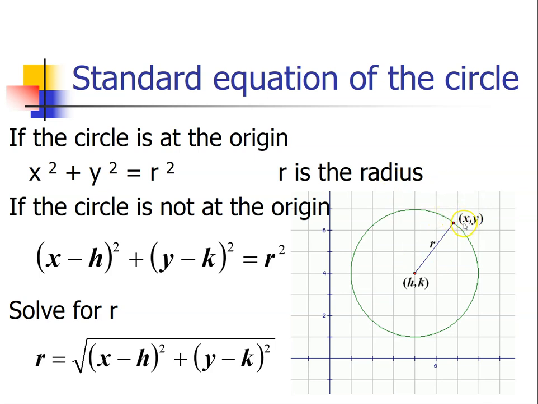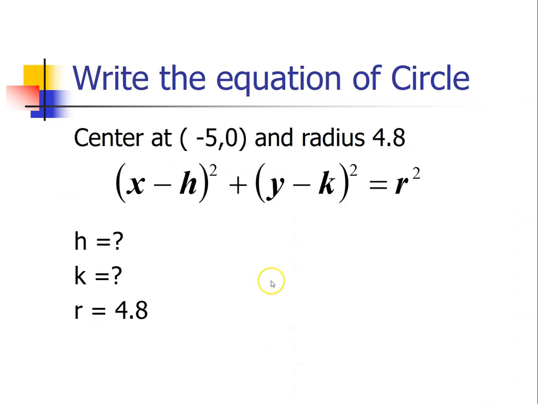Any point on the circle, any point from the center going to this point. Okay, let's try some examples. For example, the center is at (-5, 0) and the radius is 4.8.